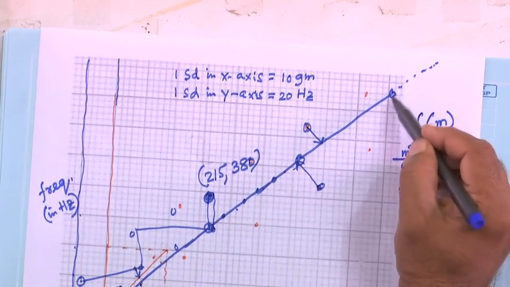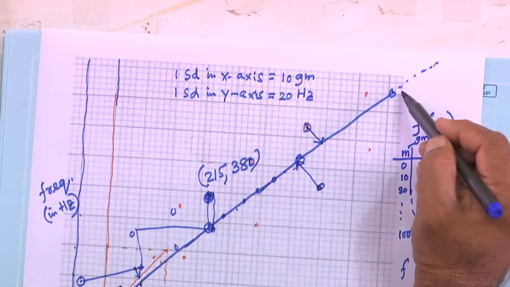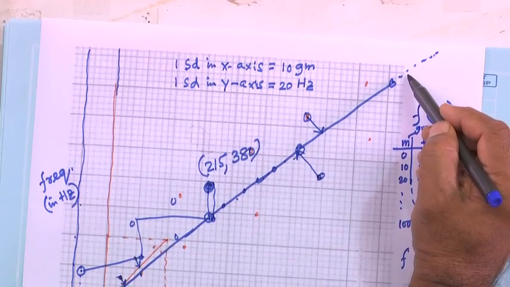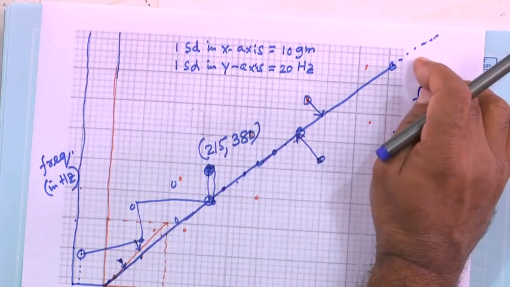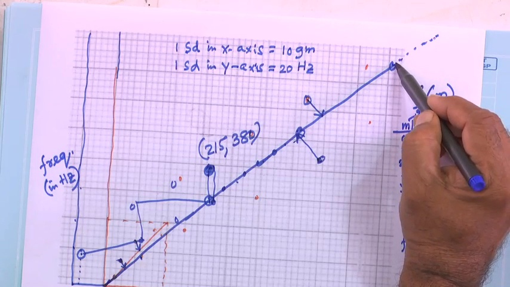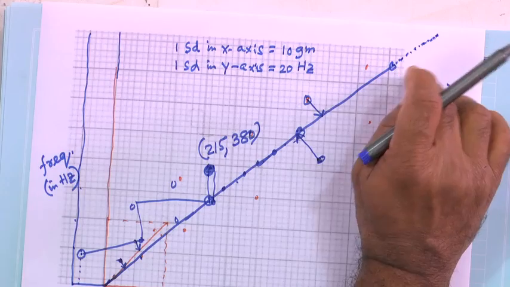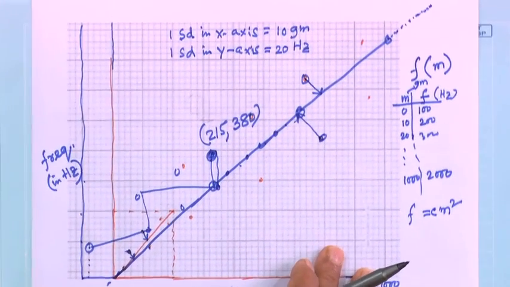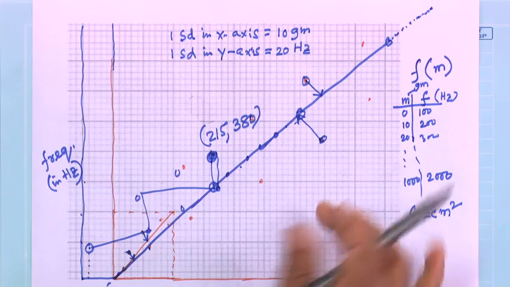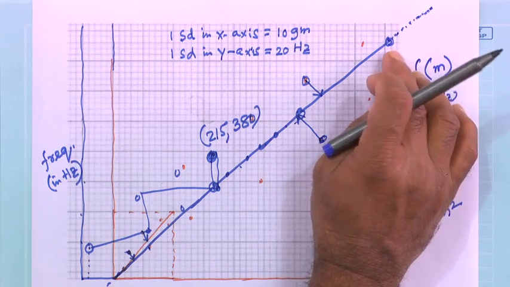Interpolation, and beyond your data, if you want to know the values, then you have to extrapolate. That is called extrapolation. This can be on this side or on the other side. Interpolation and extrapolation. It is because in your instrument you cannot measure beyond this point.